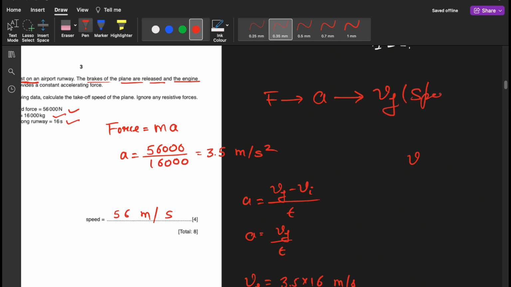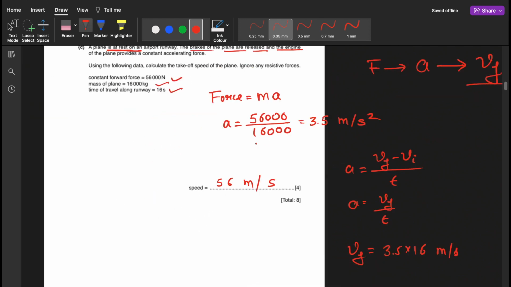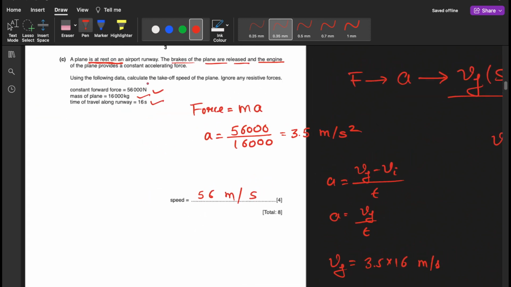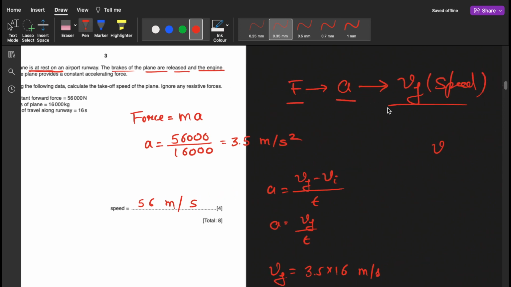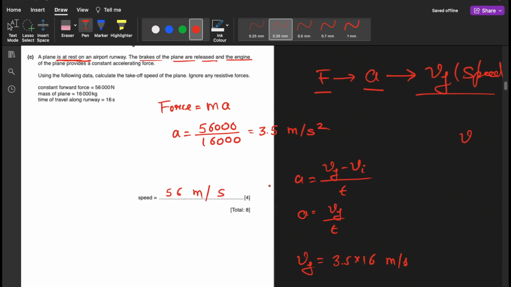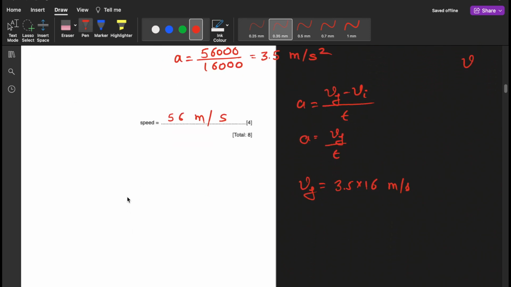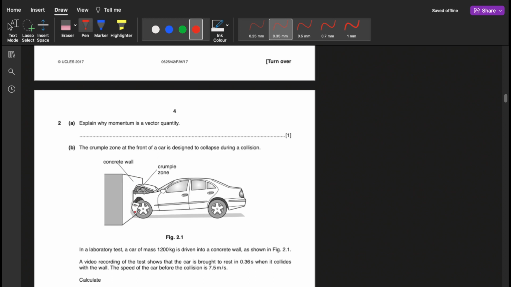Got it? So this is how we had to proceed. Make sure that you have written the steps: force, then acceleration, from acceleration we will get the speed. In these types of problems it is the same. Can we move further then?